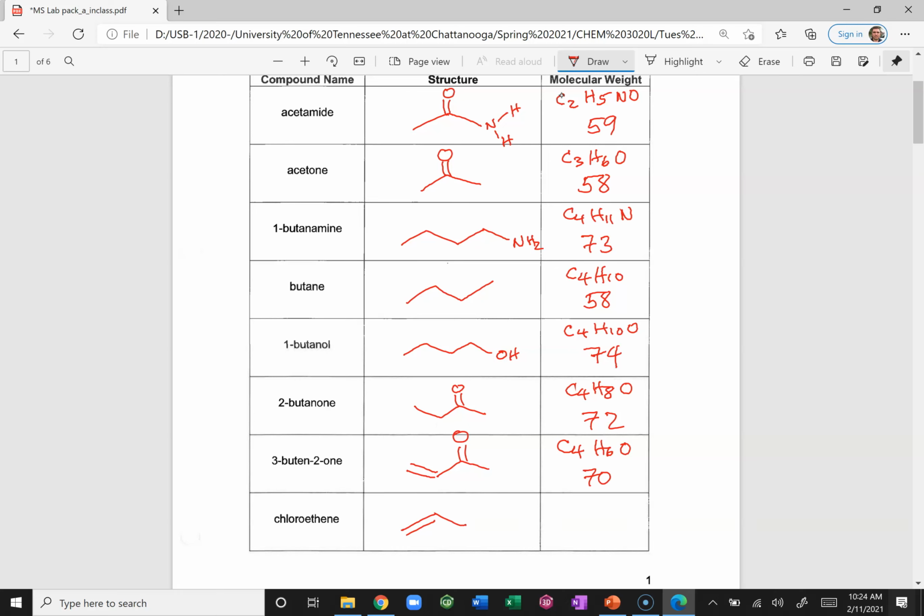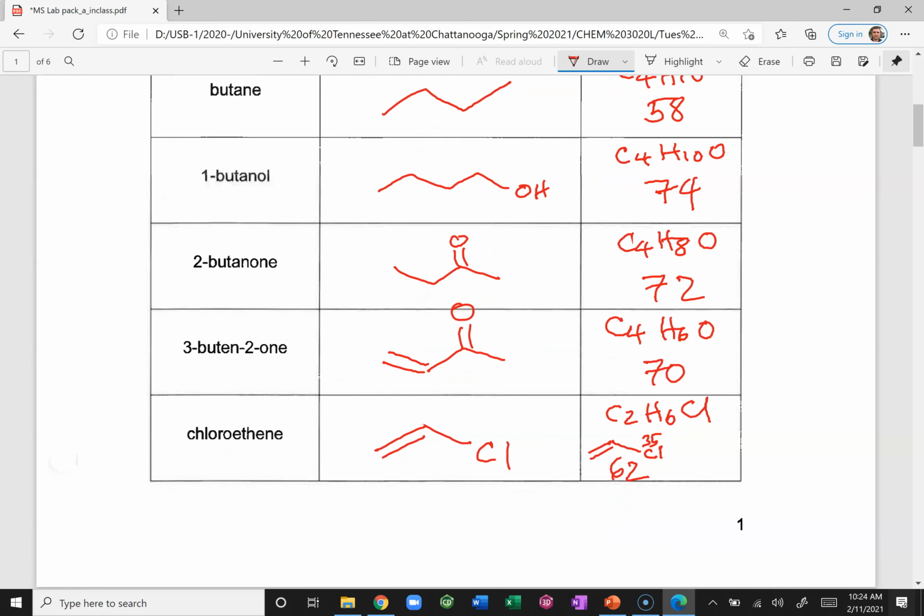Chloroethane is a double bond with a Cl, C2H6Cl. Here you have an option of saying this would be 62 if it is the Cl35, or if it's Cl37, it'll be 64.